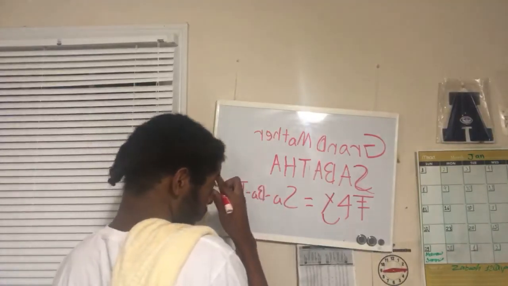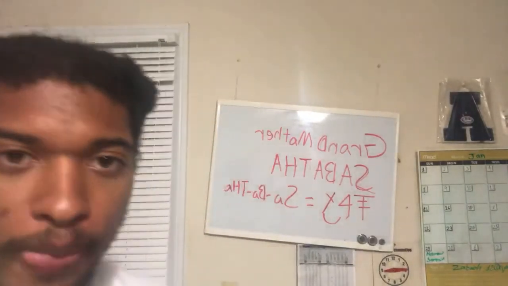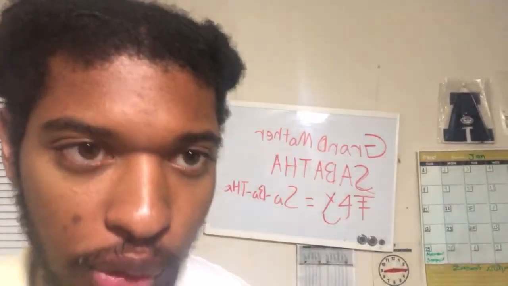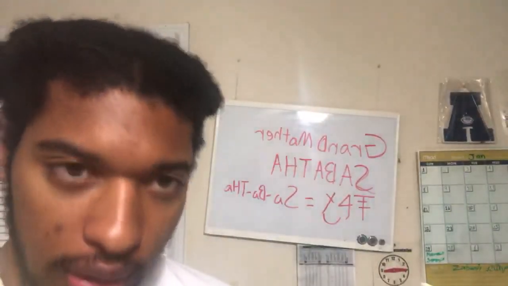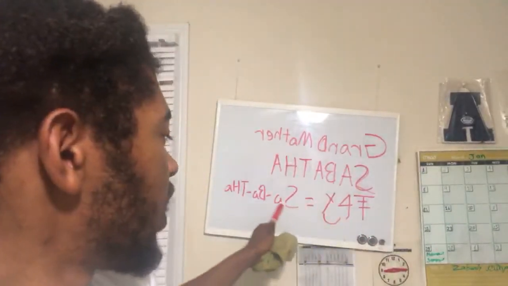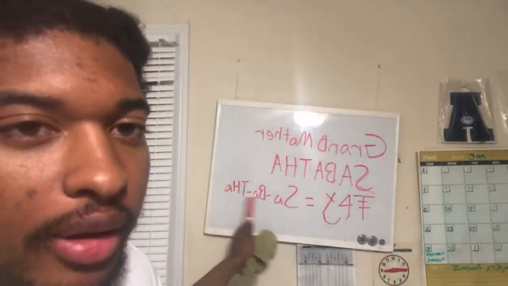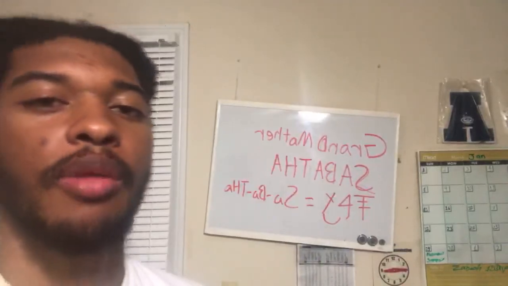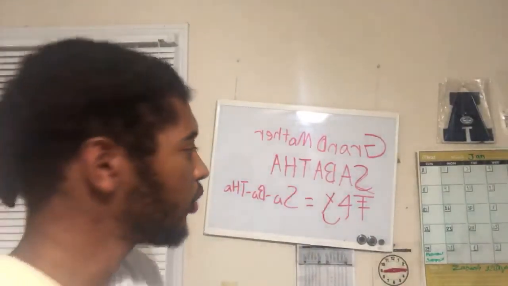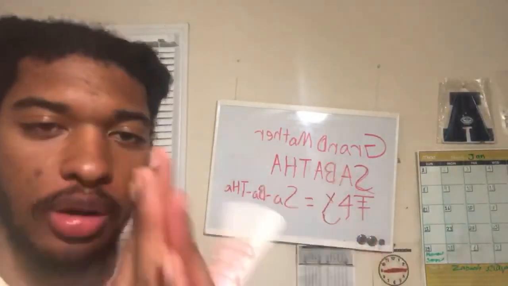Now, just like dealing with all the transliterations before, you don't need the A at the end. Otherwise, it's Sabatha instead of Sabath. So what you would do is compact it together.